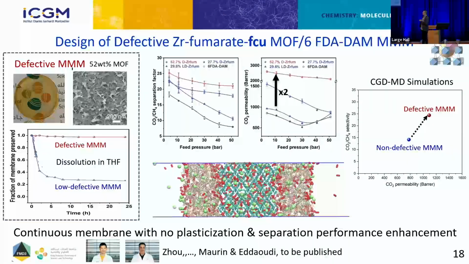And interestingly, the selectivity remains more or less similar, about 20 here at 10 bar, for instance. Compared to this, you see that the selectivity performance is maintained over pressure for the defective system, while for the non-defective one, there is a significant drop. Then it is also consistent with the fact that you address the plasticization issue and the drop of permeability at high pressure.